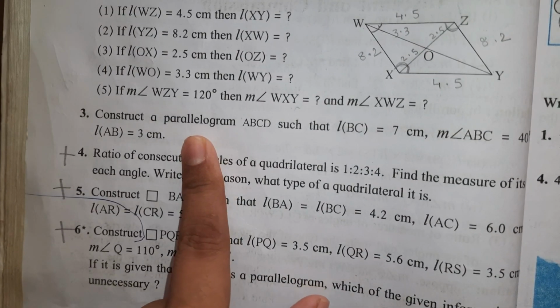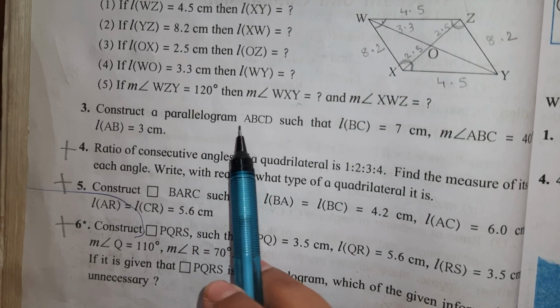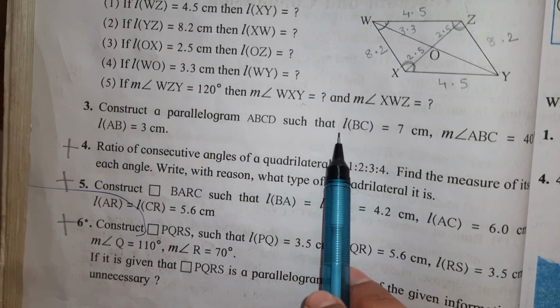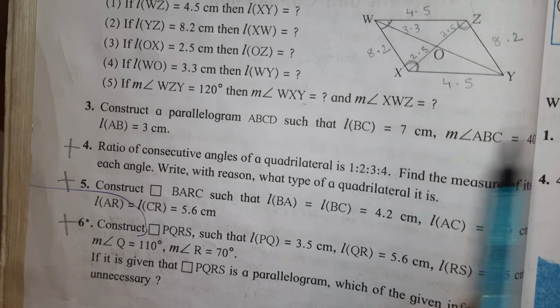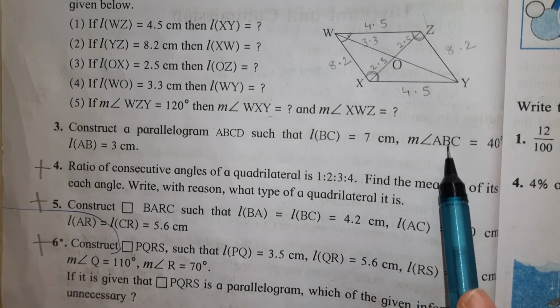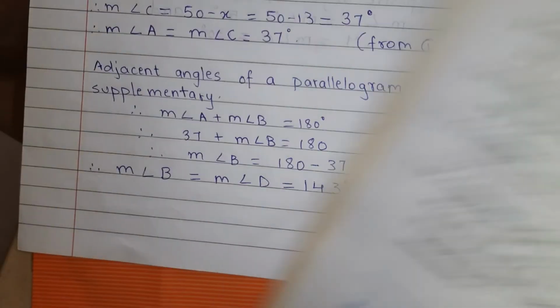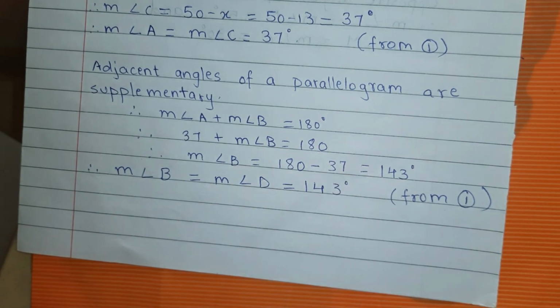Now we have to do the construction in the third question. Construct a parallelogram ABCD such that BC is 7, measure angle ABC, means B angle, is 40 degrees and AB is 3 centimeters. So three things are given and we have to construct the parallelogram.